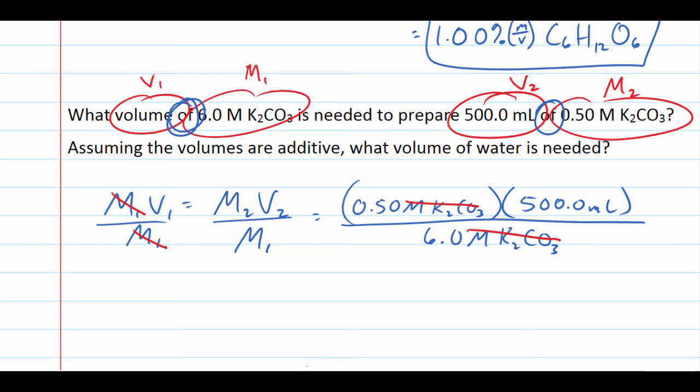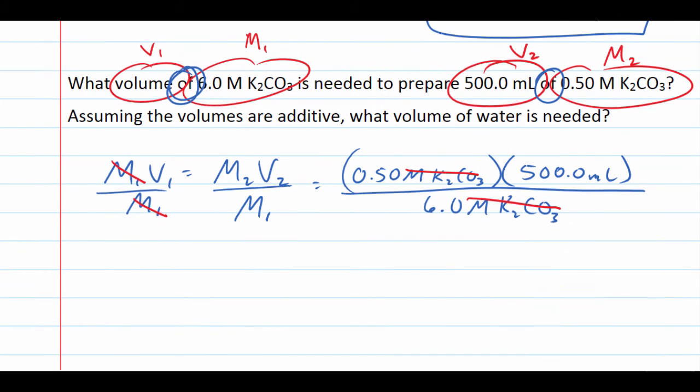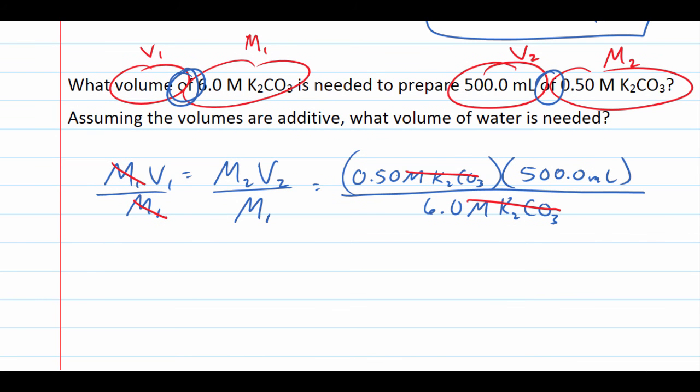We then take 0.5, multiply that by 500, and we divide that by 6. And how many significant figures should be in the answer? 2. And that's because we have 0.50 has 2 sig figs, the 6.0 has 2 sig figs. So 2 sig figs in the answer, we have 42 milliliters. And this will be the 42 milliliters of the 6.0 molar K2CO3.